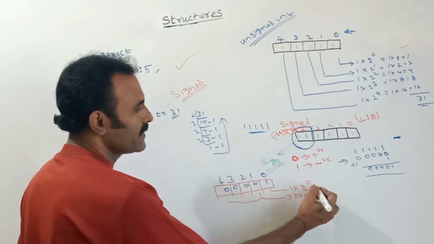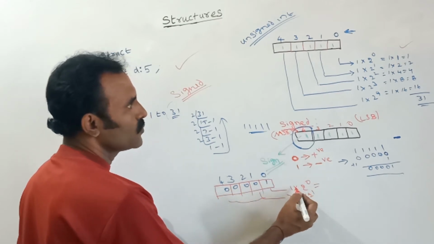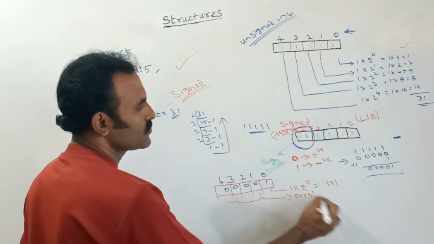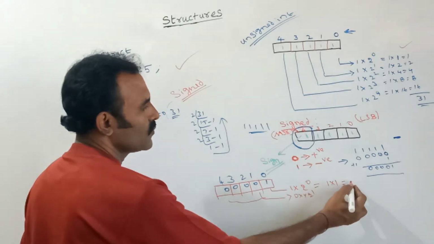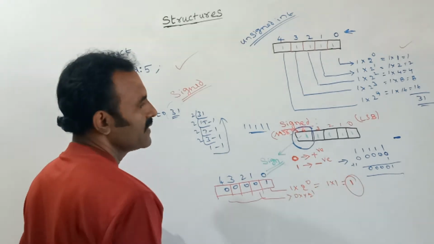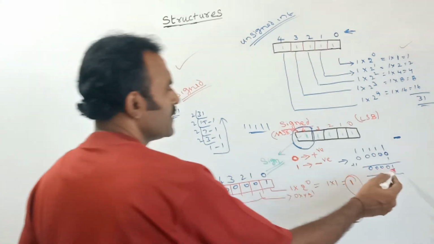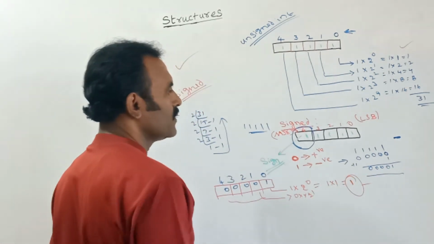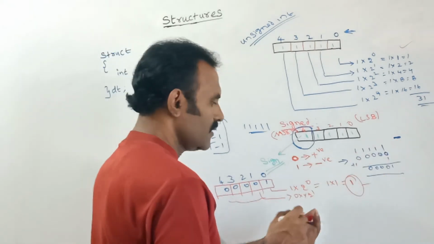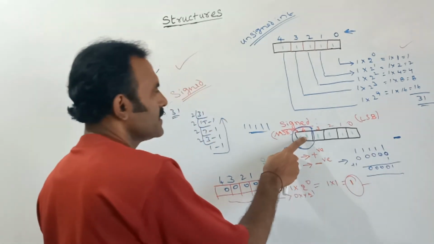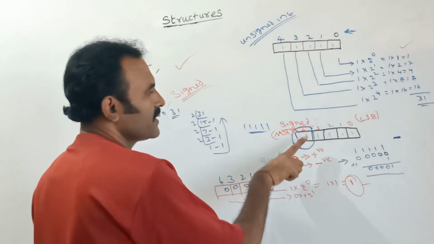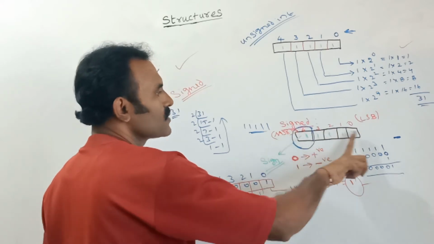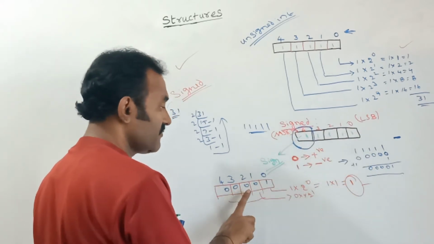If you are converting like this, what is 2 to the power 0? The answer is 1. So 1 into 1 is 1. So here the value is how much? That is 1. Decimal number is 1. So here minus 1. This digit is used for minus. After that, if you are converting this 2's complement to decimal value, we can find like this.